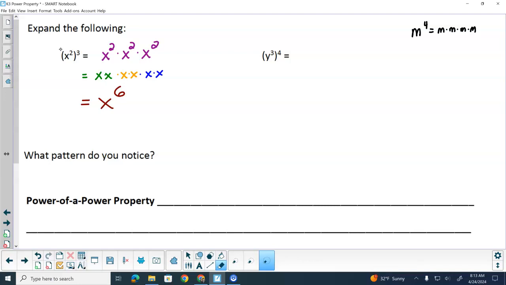So that's going to be y cubed times y cubed times y cubed times y cubed. There's my 4 of them. Jake, what does each of those y cubes mean? So y times y times y? Okay.